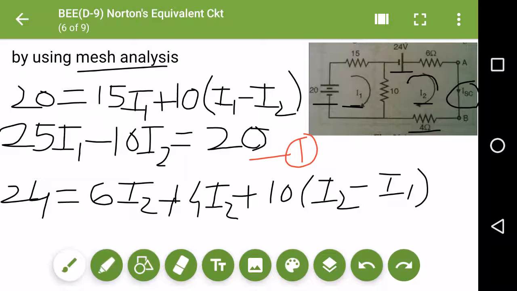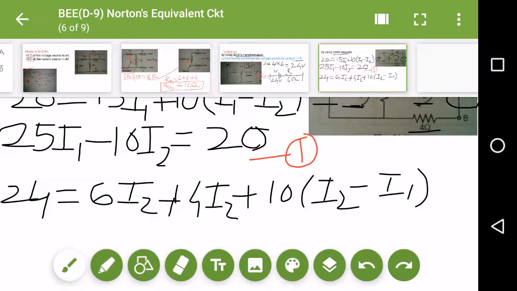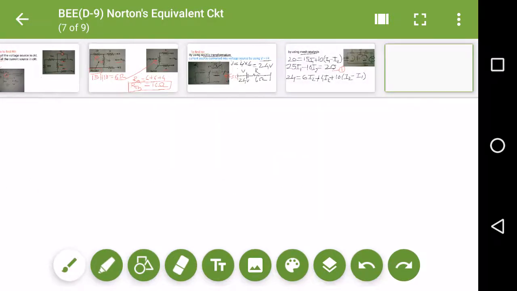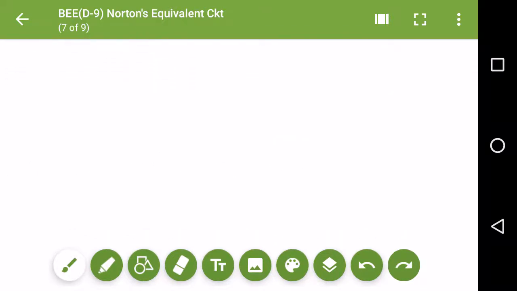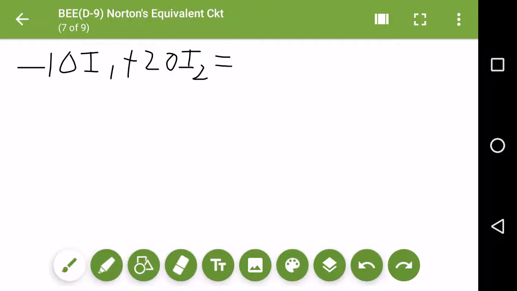This is my next equation, and by simplifying it I will get minus 10 I1 plus 20 I2 equals 24. So this is my second equation.